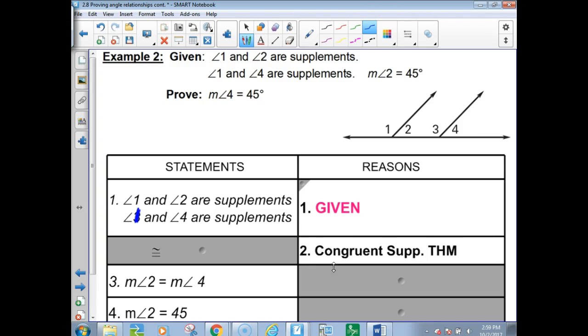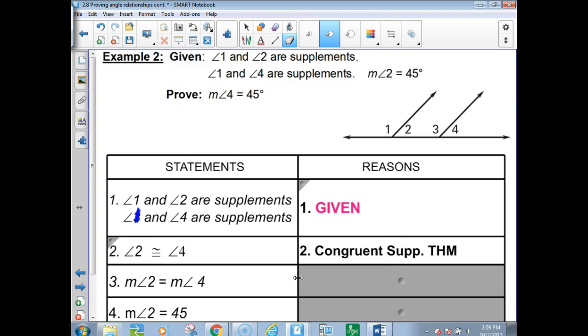Now, because otherwise I couldn't even use the congruent supplements theorem. It wouldn't even make sense. Angle 1 and 2 are supplements. Angle 1 and 4 are supplements. Therefore, angle 2 is congruent to angle 4. That better be what it says. Yes. Angle 2 is congruent to angle 4 by the congruent supplements theorem.